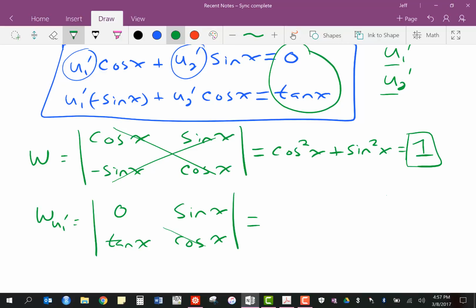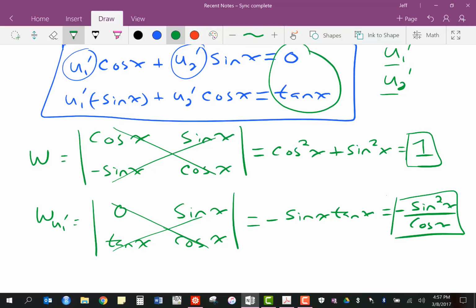That would be 0 in this direction, and then sine times the tangent in that direction. We're going negative, so that would be negative sine of x times the tangent of x. And since I know where this conversation is going, tangent is sine over cosine, so this is negative sine squared of x divided by cosine of x.